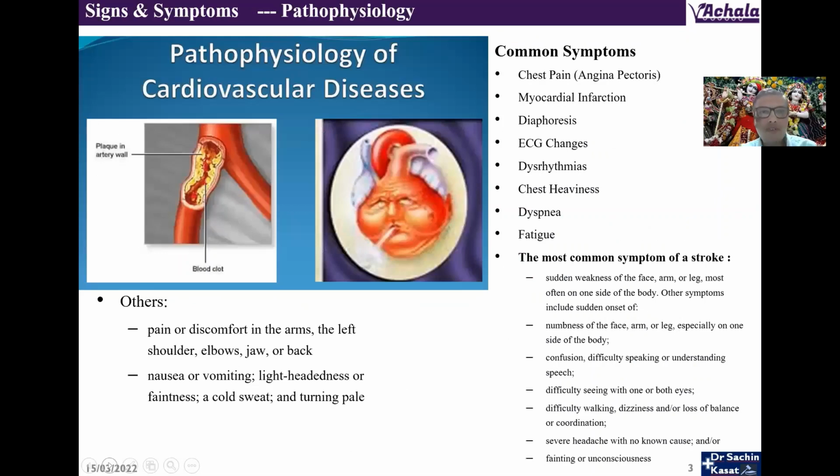So coming to the pathophysiology of cardiovascular diseases, most of the time it is arising either out of a plaque, which you can see here in the left side of the diagram. So I have just opened up this artery here. So here you will see a plaque, which is a deposit happening on the blood vessel walls, or it could be a blood clot like here, this red here.